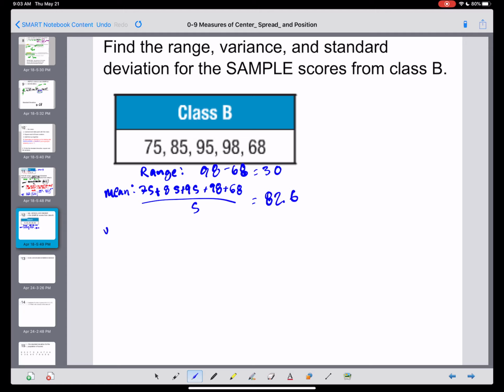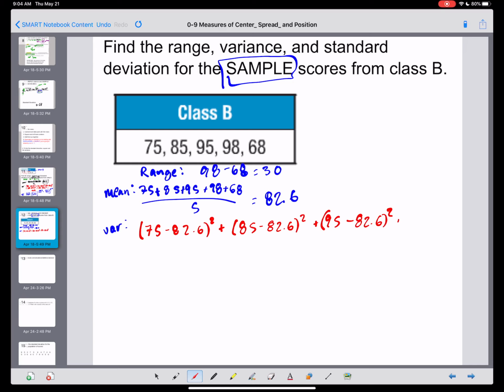And then I'm going to find my variance. And once again, it's a sample. So just doing it real quick, 75 minus 82.6 squared plus 85 minus 82.6 squared plus 95 minus 82.6 squared plus 98 minus 82.6 squared plus 68 minus 82.6 squared.